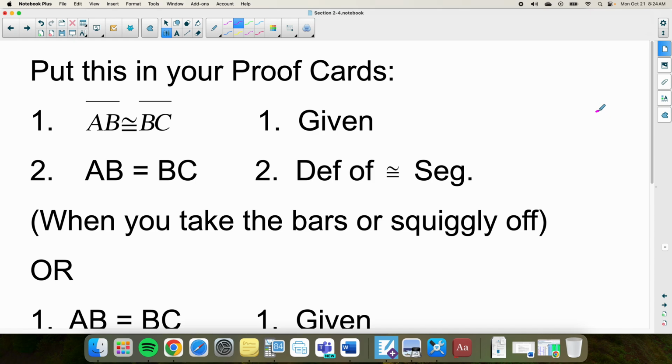This is a little bit confusing, but when you have to substitute in measures into a segment, you can't do it with the segment bars on or the squiggly. So what you have to do a lot of times in proofs is take the bars and the squiggly off, and then sometimes at the end of the proof you have to put them back on. Whether we take the bars and squiggly off or put them back on, it is called definition of congruent segments, okay?